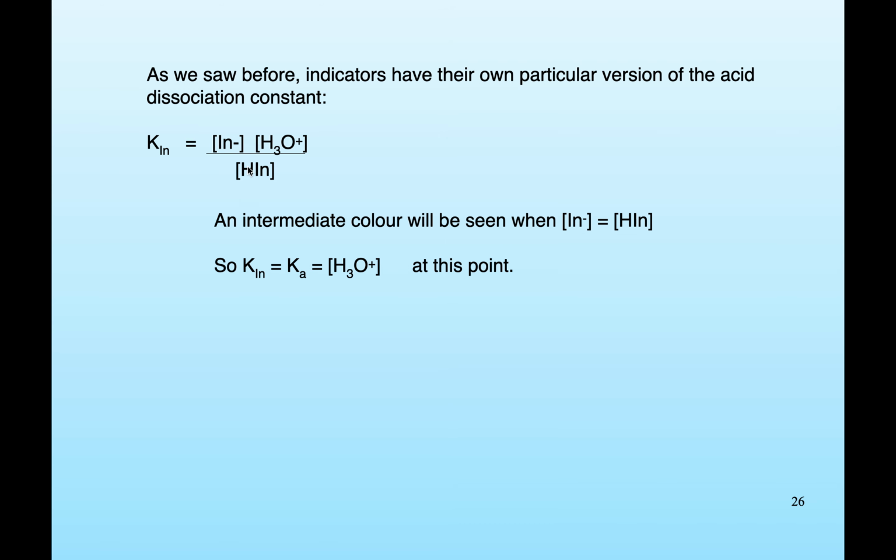Okay, that makes sense. So K in, at this point, if these two are equal, then they cancel, don't they, mathematically? So if they cancel, then at this point, K in or Ka equals the hydrogen ion concentration. If we can measure that, we can measure the Ka for that particular indicator.